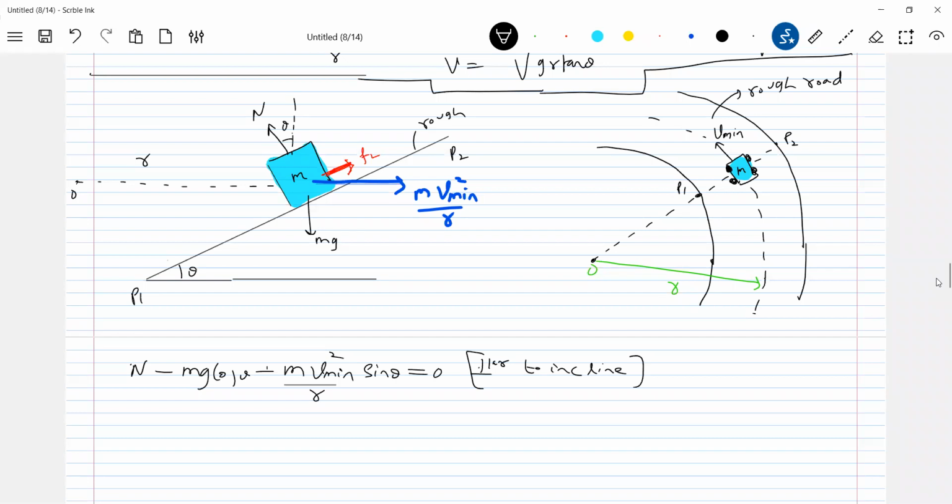Fine. So I got the value of N. Then what is the friction? Equal to mu N. So substitute this. This should be equal to mu times mg cos theta. So this is the value of friction. And then let's equate the motion. So what is the equation now? We will provide the required centripetal force.